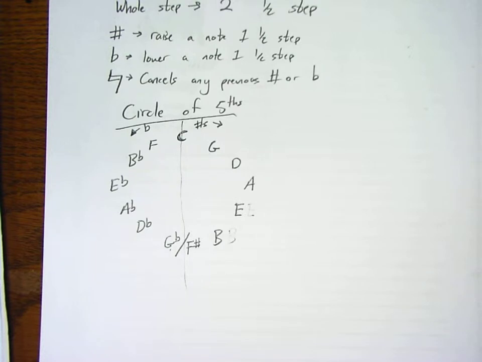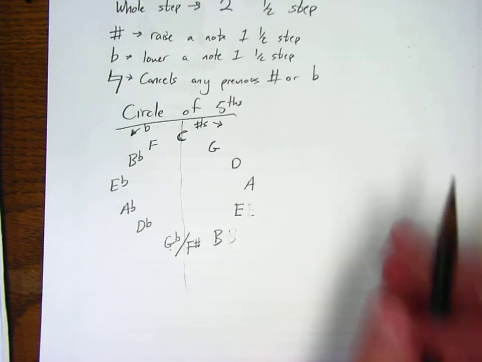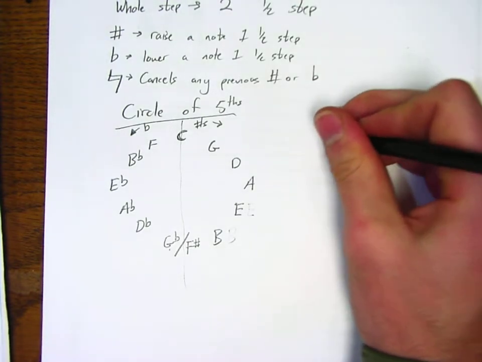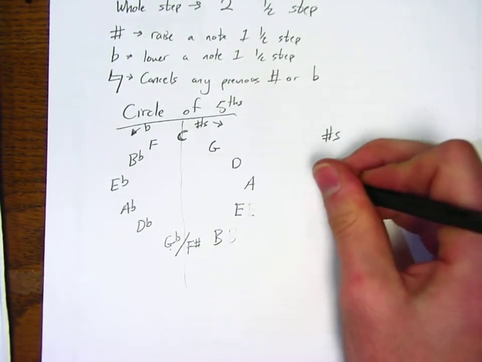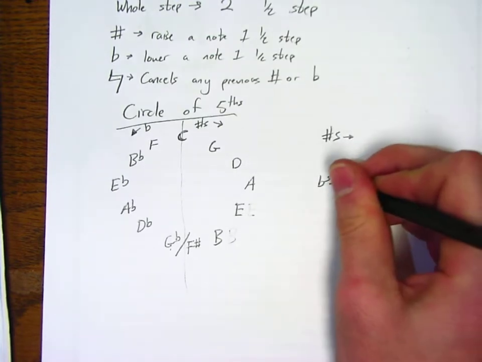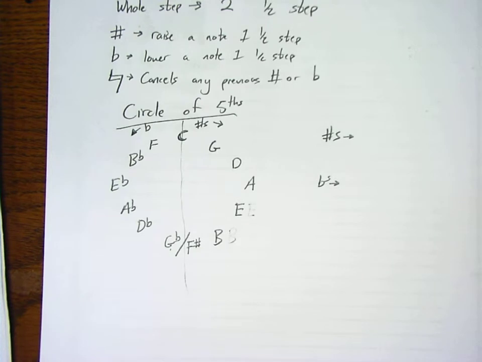To make this the simplest to understand, I'm going to start a little sub section over here, a little section on sharps and a little section on flats. You guys have multiple times in orchestra been asked, what is our key signature here, and how do you know what key we're in from it?